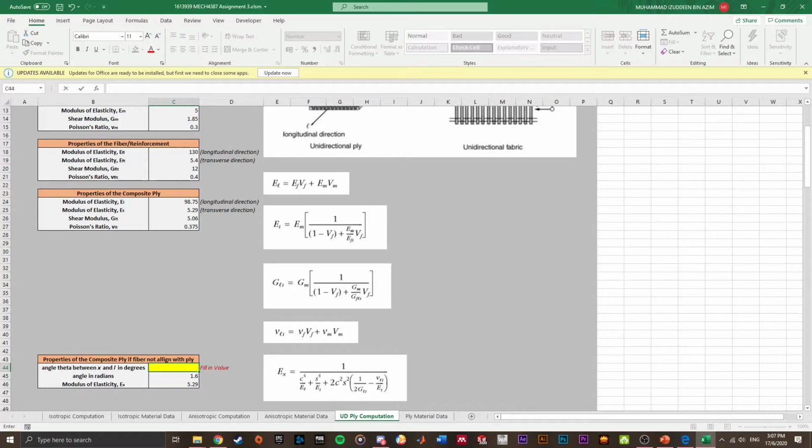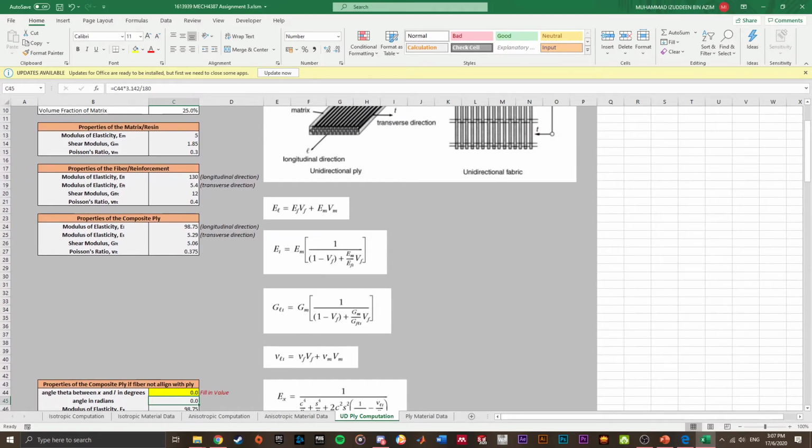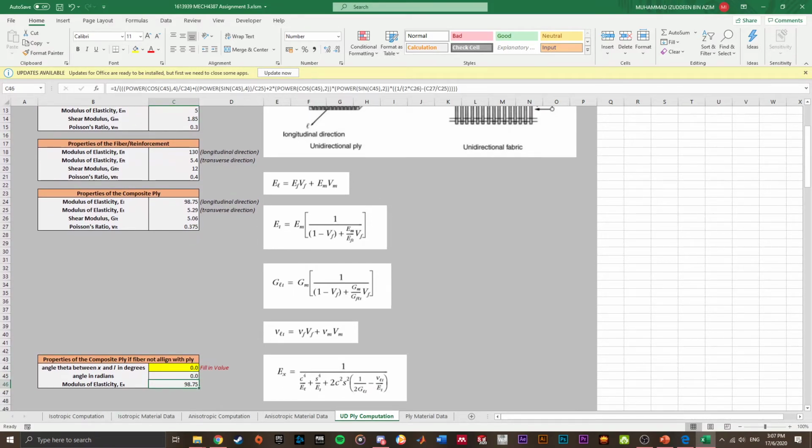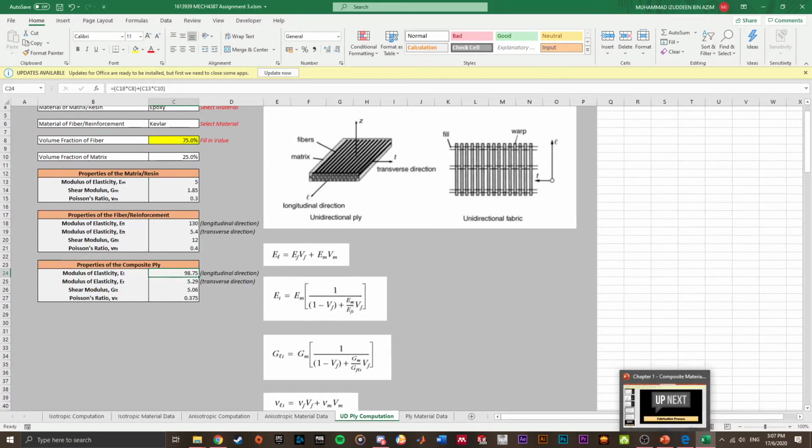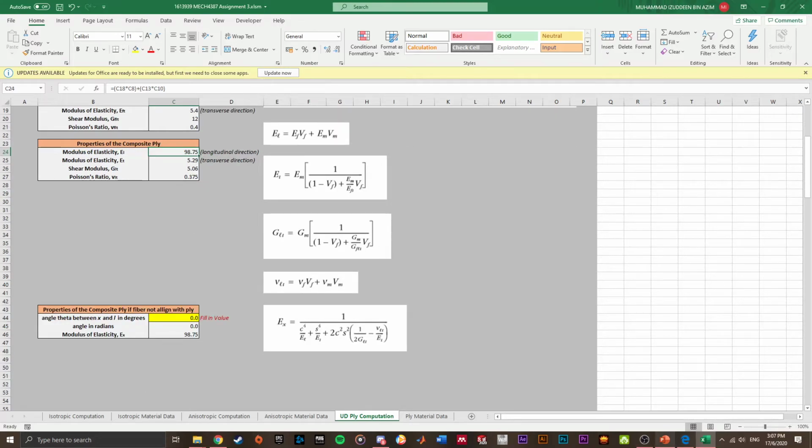We want the perfect is 0, so we get most of the elasticity of the composite material. So this is one of the factors in unidirectional ply.